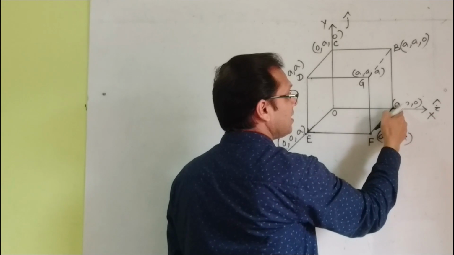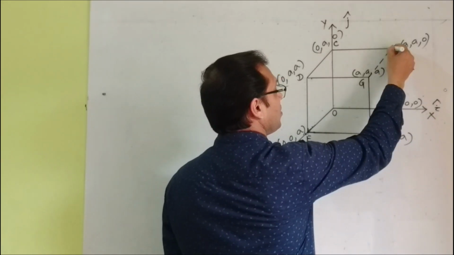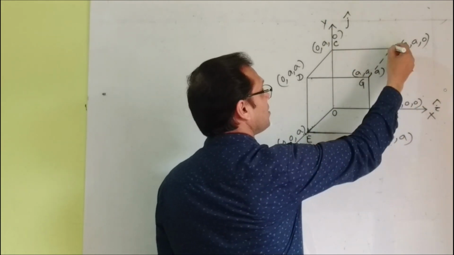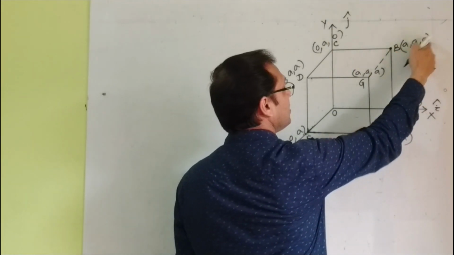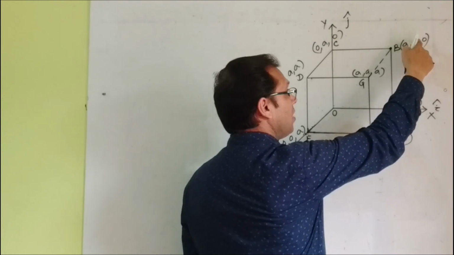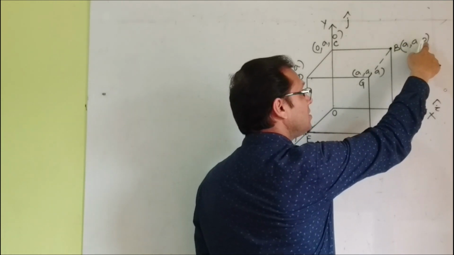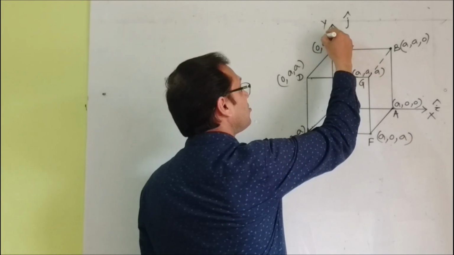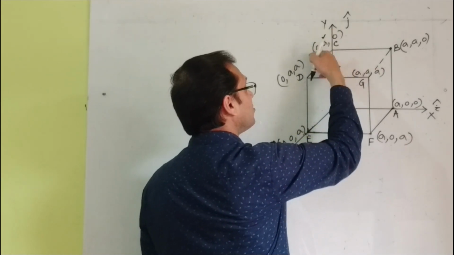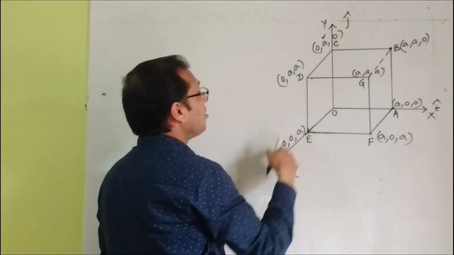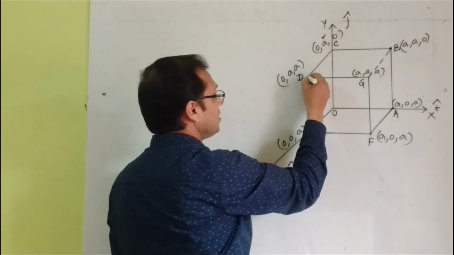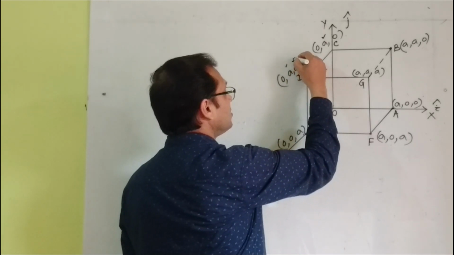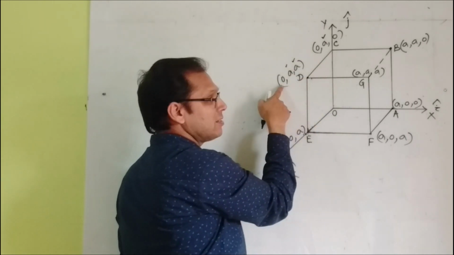That means the coordinate of A, since this one is lying on the x-axis, is (a, 0, 0). B point is lying on the xy plane, so x coordinate will be there, y coordinate will be there, z coordinate will be 0. On the y axis, only the y coordinate will be there, x and z coordinates will be 0. D is on the yz plane, so y and z coordinates should be there, x coordinate is 0.